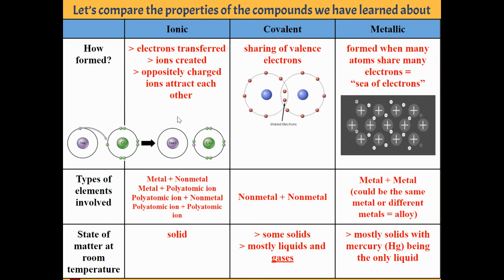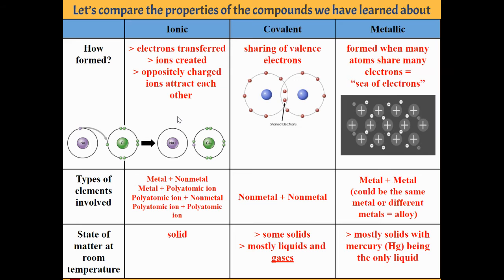Remember, we talked about that sea of electrons in our last unit, where many atoms share many electrons, and we get this free flow of electrons. This happens between metal atoms. If we have the same metal, that would just be an elemental metal, for example silver, or we could have different metals, and that's considered an alloy.